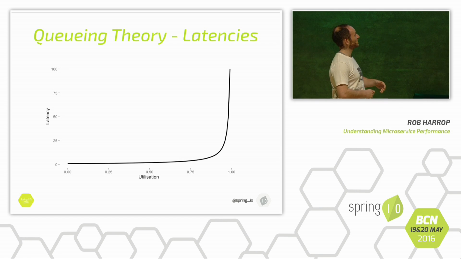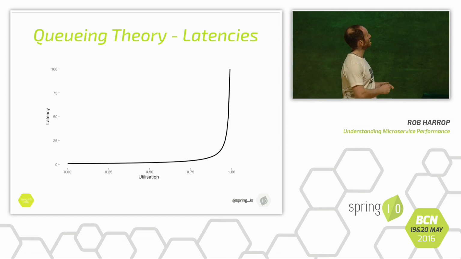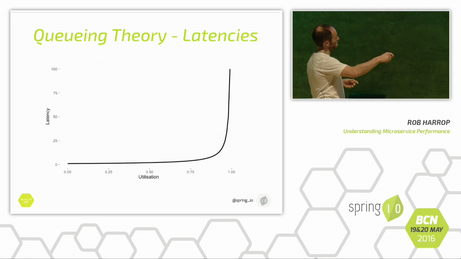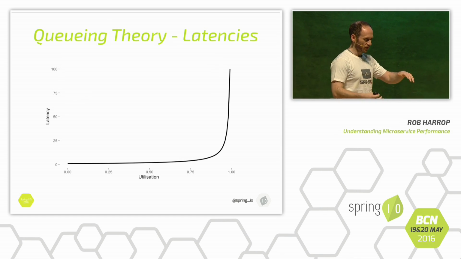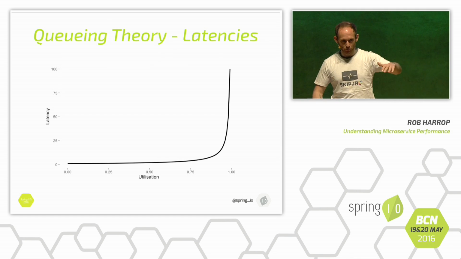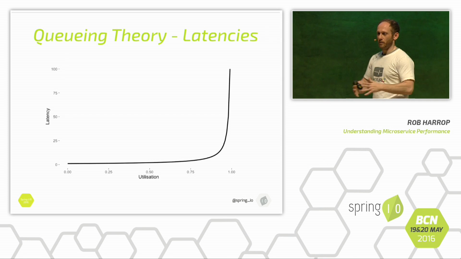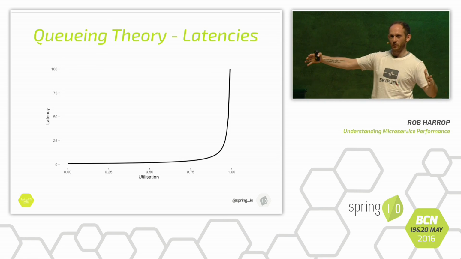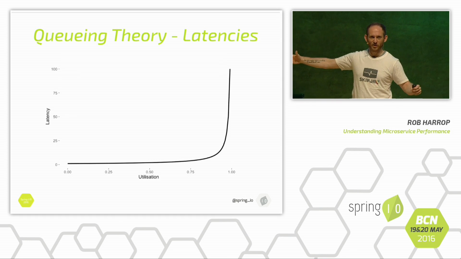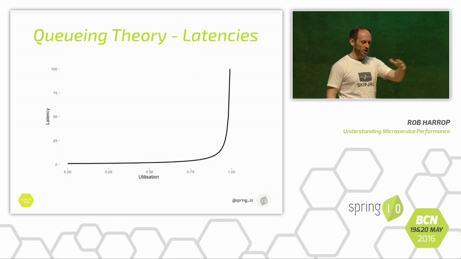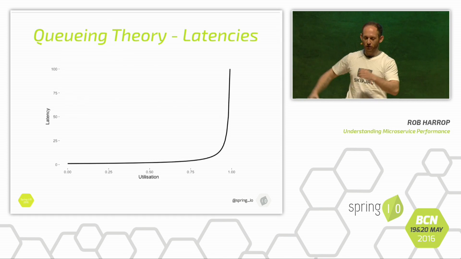But we get to this curve, which tells us that as the utilization of a system increases, and we can think of utilization roughly as the relationship between how much traffic is coming in and how much we can serve, your system has a finite bound on how much traffic it can serve, but there's no real bound on how much can arrive. So it's this ratio of offered load to actual throughput.